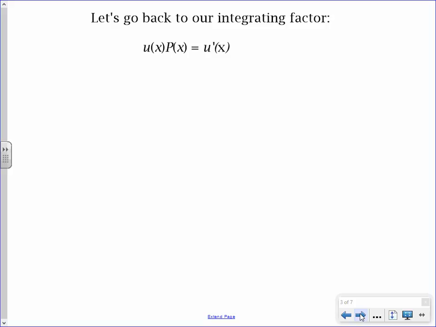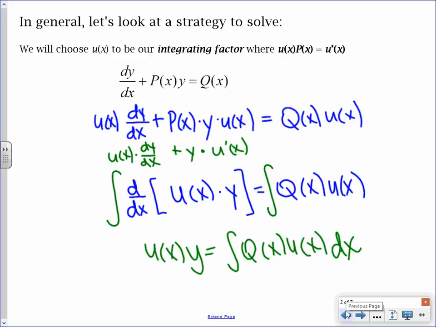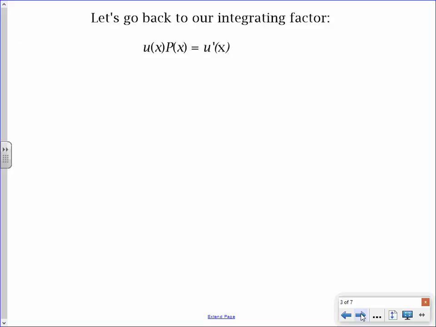We need to know what these functions are. Right now, I'm just throwing out random letters, it feels like, right? So how do we choose our integrating factor? We know that this needs to be true so that all of this will work out. Well, how do we make that true? Well, let's figure it out. You agree that p of x is u prime over u.